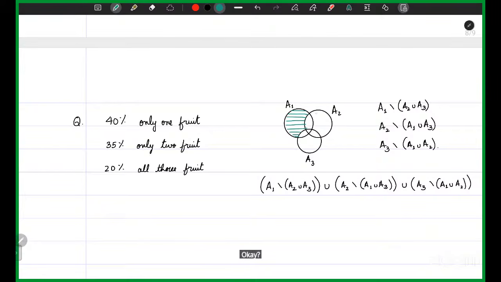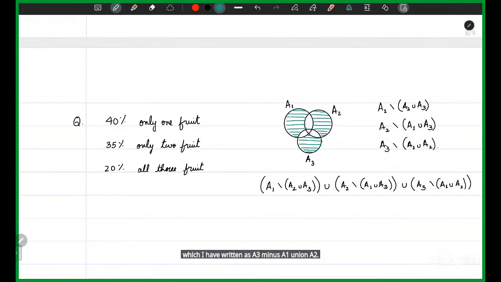So what is this set? A2 minus (A1 union A3). So these are the set of people who like only fruit 2. And now what I'm shading is the set of people who like only fruit 3, not fruit 1 or fruit 2, which I have written as A3 minus (A1 union A2).